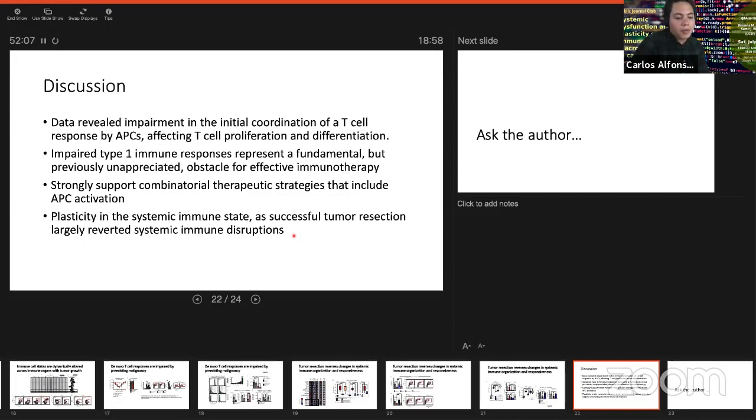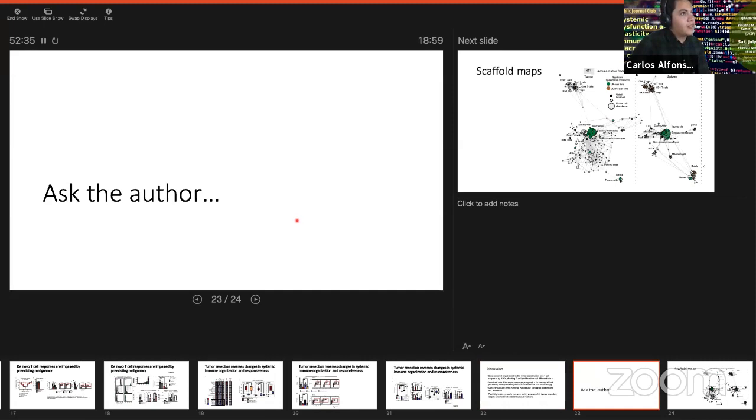I think this is extremely important for the design of immunotherapies, because once the patient has the tumor surgically removed, the immunotherapies have to be adapted to the new plasticity of the immune system after the removal of the tumor. So I think these are the main findings of the paper, and they are very relevant for the field. And for our audience, if you want to ask the authors, this is now the time.